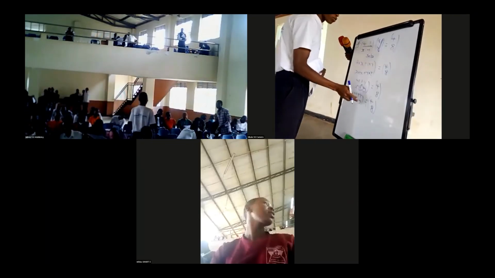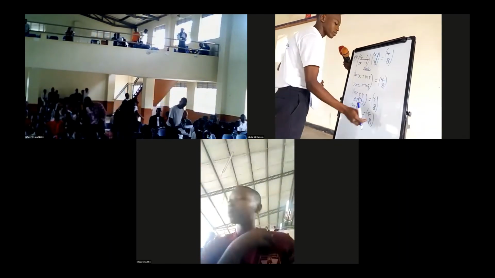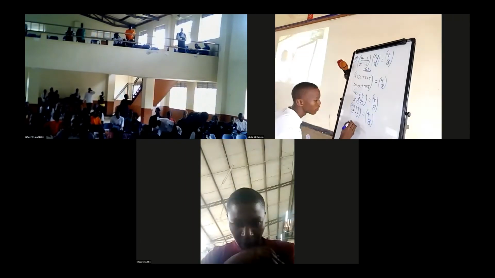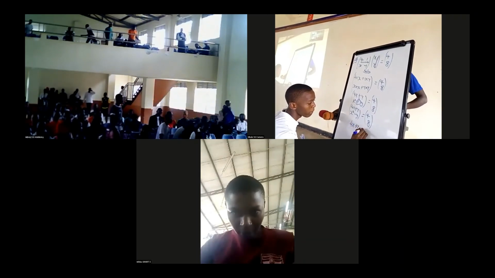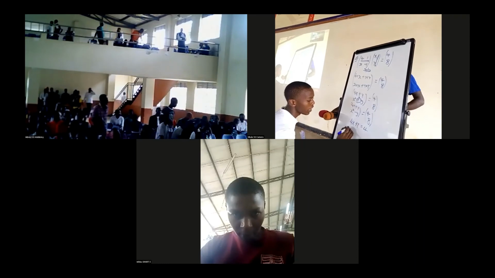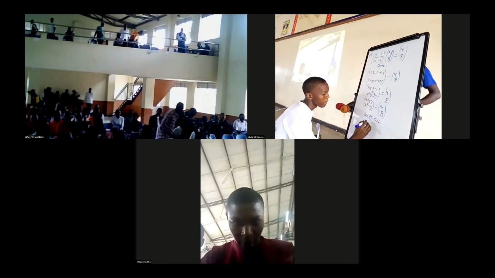So we equate these matrices to the matrix given, whereby we shall have 4x plus y being equivalent to 4, and x squared minus y being equivalent to 8.